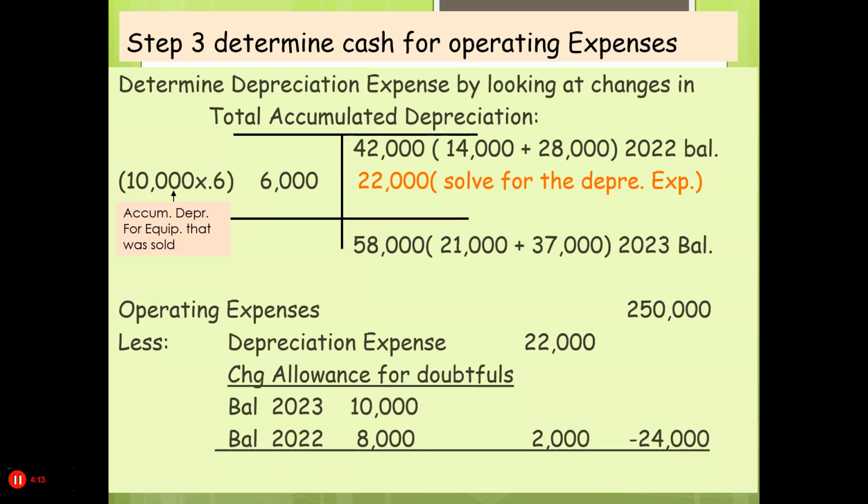We also have to take out the change in allowance for doubtfuls, because if it went up by 2,000, which is what we're seeing here, it means that they would have debited bad debt expense and credited allowance for doubtfuls. So now we have our cash payments for operating activity.